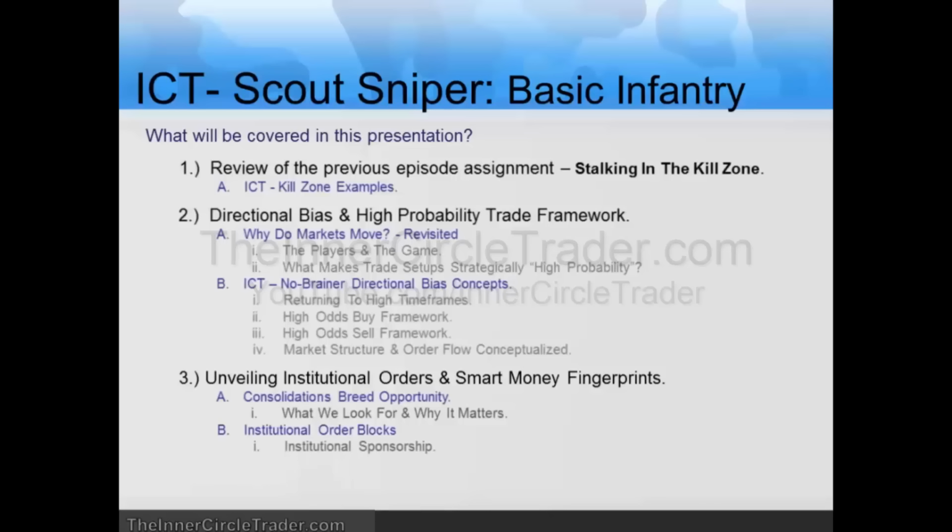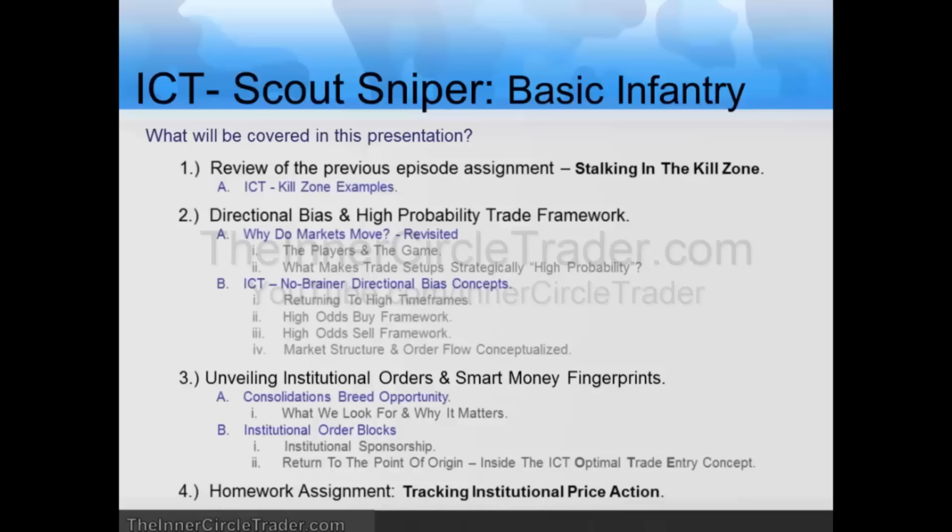We're going to be looking at the concept of institutional sponsorship and what effects it has on your trading. And we're going to be looking at a premise I refer to as returning to the point of origin, which is basically inside the ICT optimal trade entry concept, like a nuts and bolts presentation of why it's so effective.